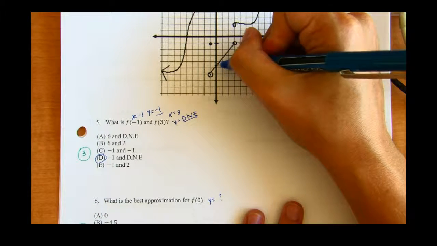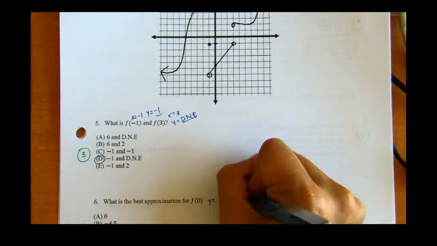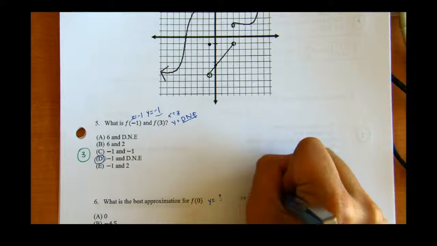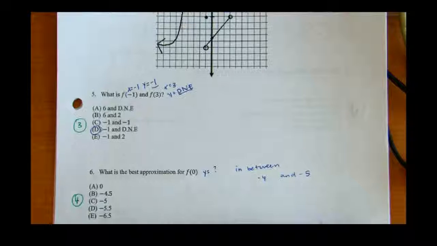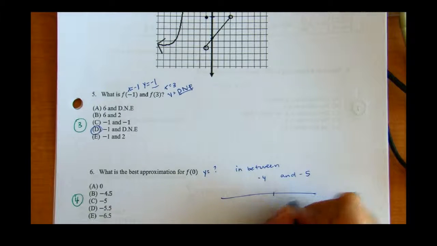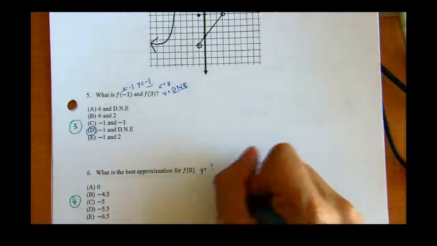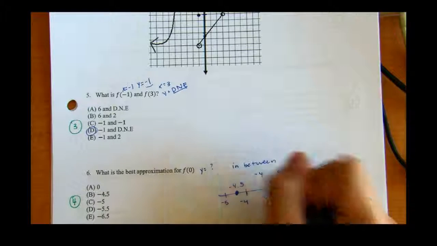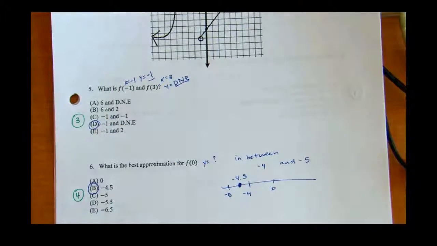But my 0 is somewhere in between negative 4 and negative 5. If I think about that on my number line, here's 0, here's negative 4, here's negative 5. This would be a negative 4.5 or some decimal after 4. So B is your correct answer.